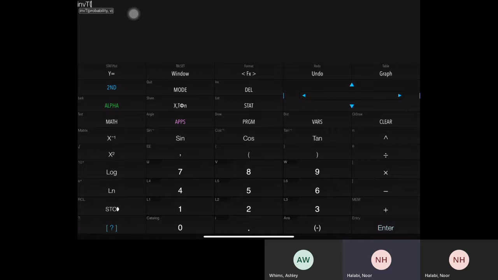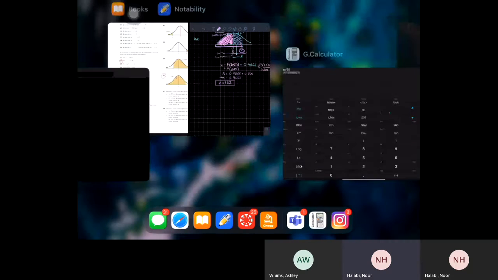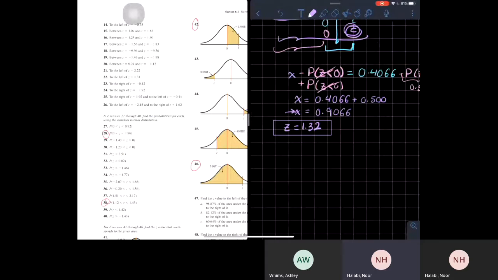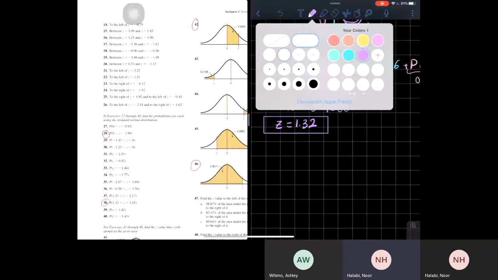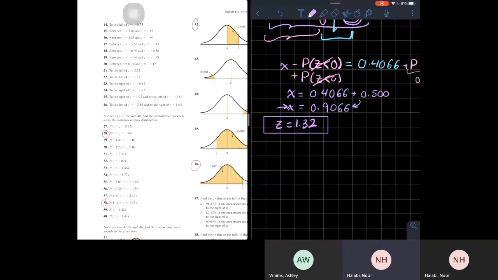Now, for this particular problem, we're going to need to do the same exact math that we did. However, this is just going to save us that scavenger hunt that was happening a while ago. I still need to figure out what x is.